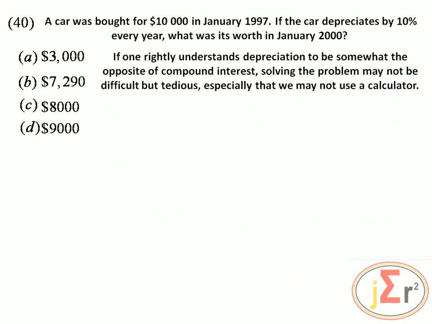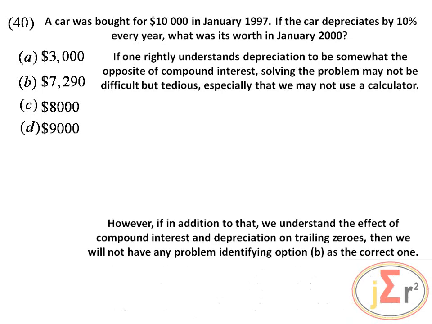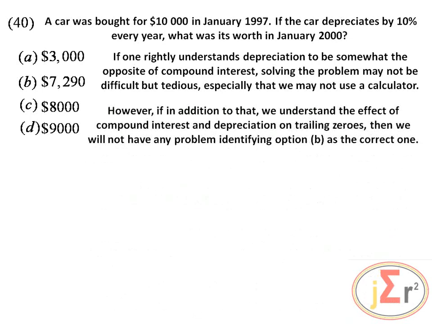If one rightly understands depreciation to be somewhat the opposite of compound interest, solving the problem may not be difficult but tedious, especially as we may not use a calculator. However, if in addition to that, we understand the effect of compound interest and depreciation on trailing zeros, then we will not have any problem identifying option B as the correct one.